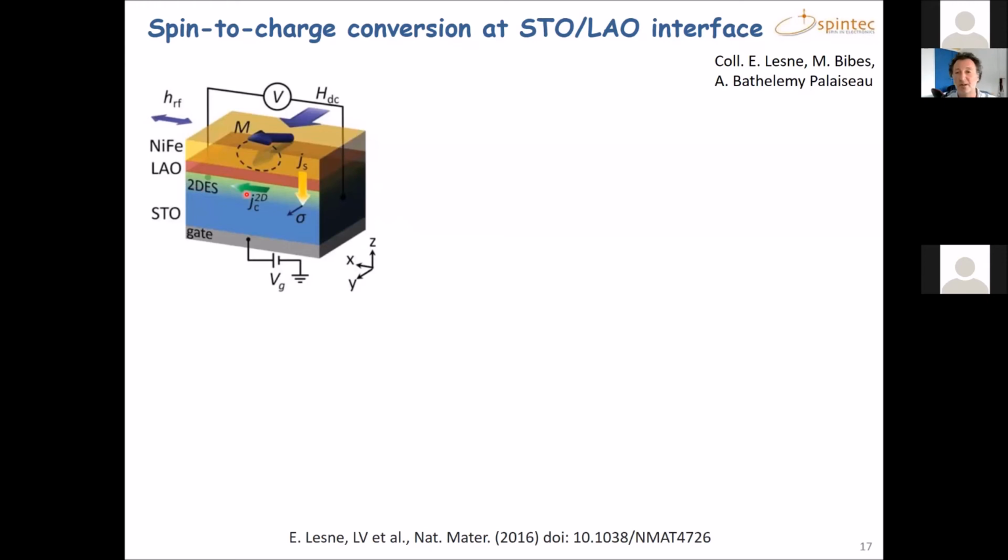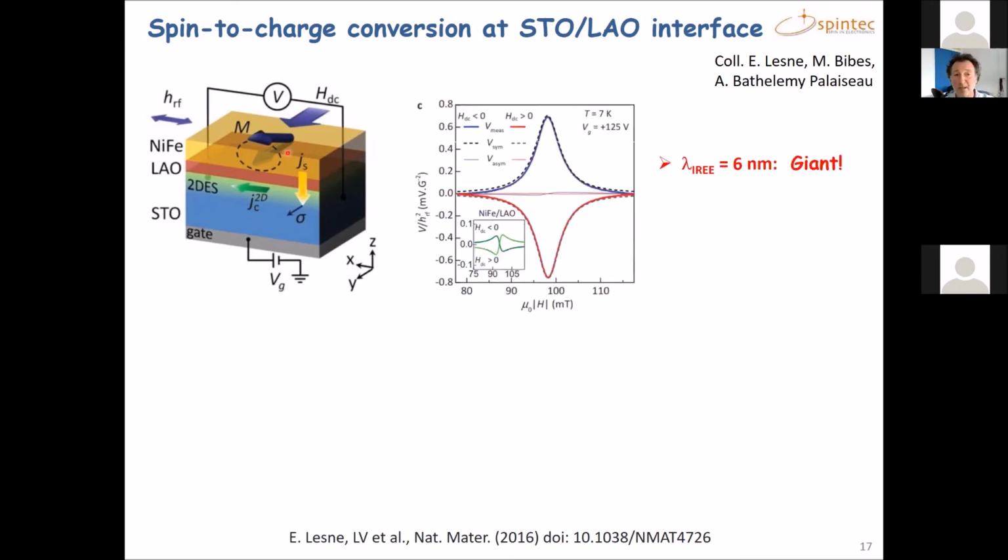And so we have done, in collaboration with Agnès Barthélémy, Manuel Bibes, and Edouard Lesne, a study on these STO-LAO interfaces, where the Rashba effect is not very important in principle, but there are very nice properties of the two-dimensional electron gas with quite large mobilities. So we have used a nickel iron layer to inject a spin current into this two-dimensional electron system and study the conversion in this system.